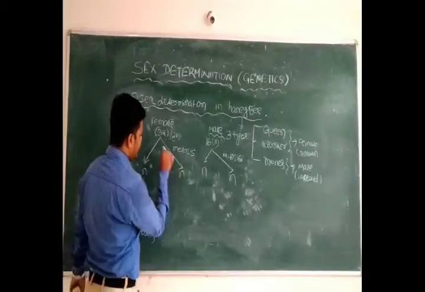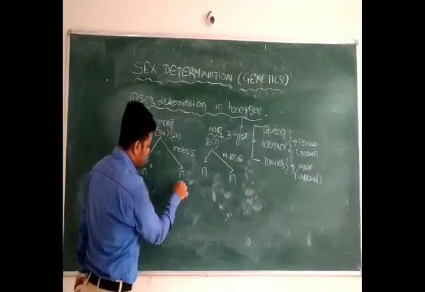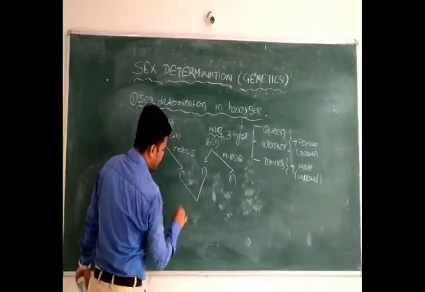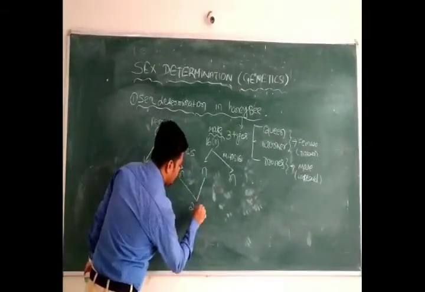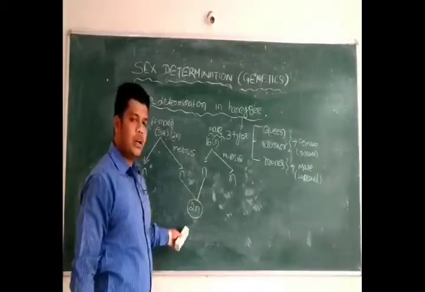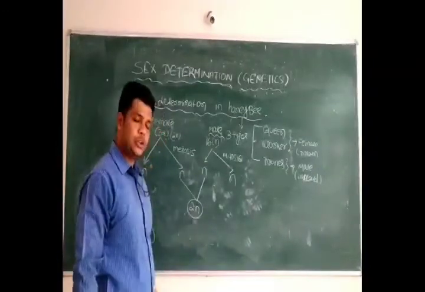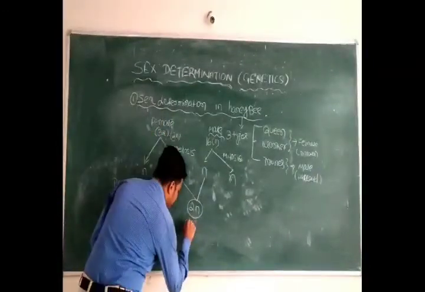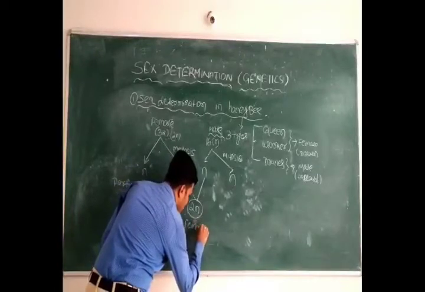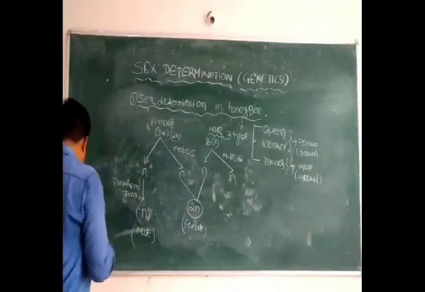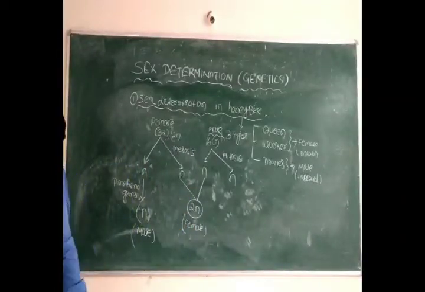And when another gamete fuses with the female gamete, a 2n, diploid number of chromosomes is formed. Here the production of female honeybee takes place.